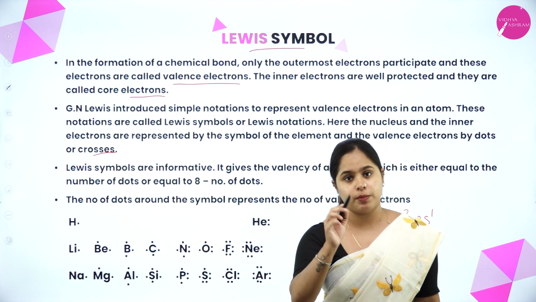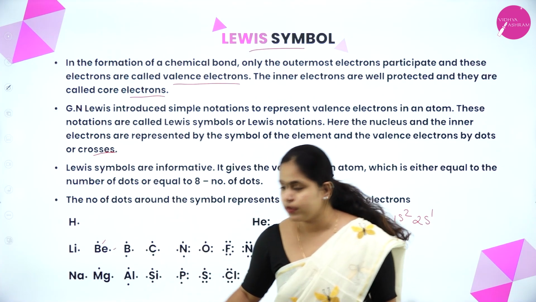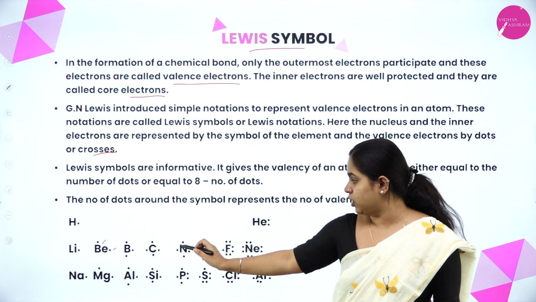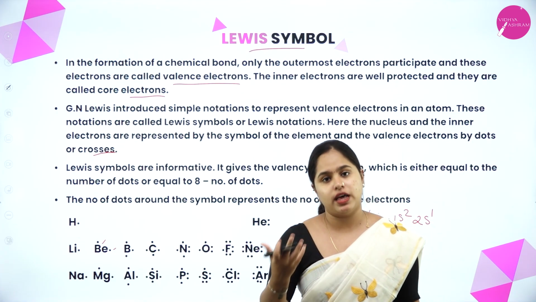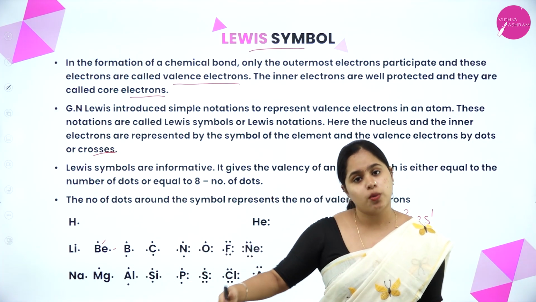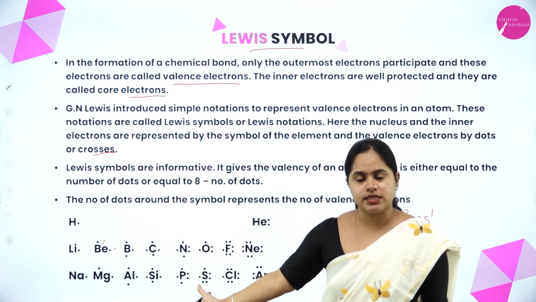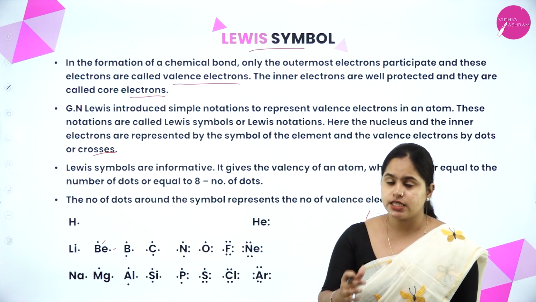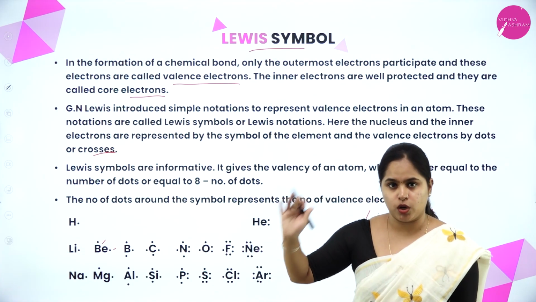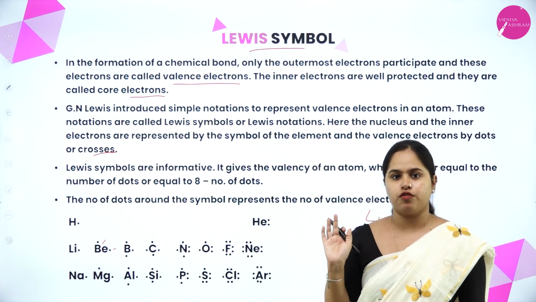For beryllium, it will be 2 dots. For boron, it is 3 dots, because the number of outermost valence electrons is 3. Based on this, you can represent the different atoms. You just have to put around the symbol a number of dots equal to the number of valence electrons.